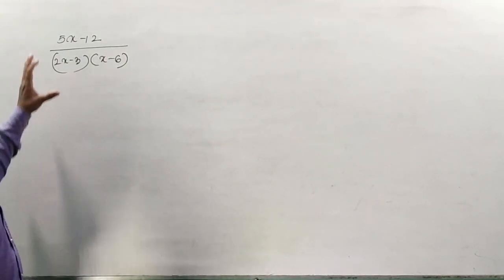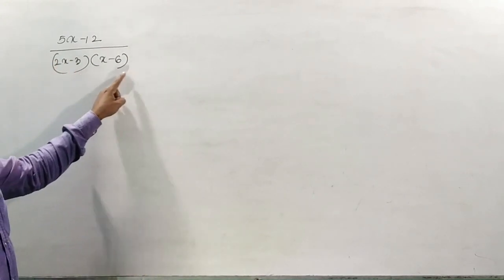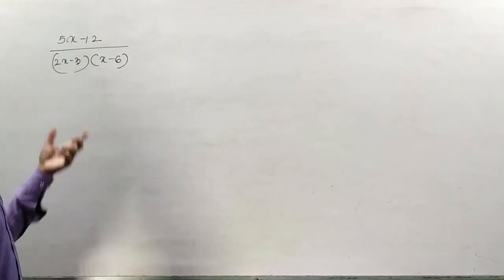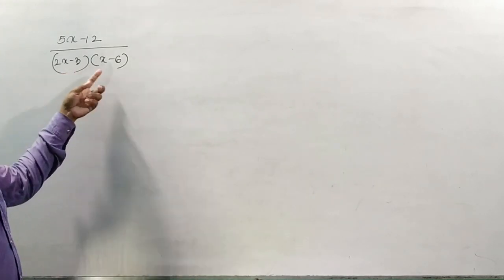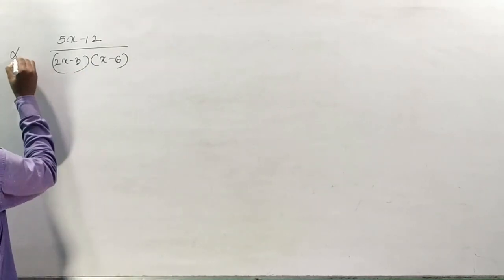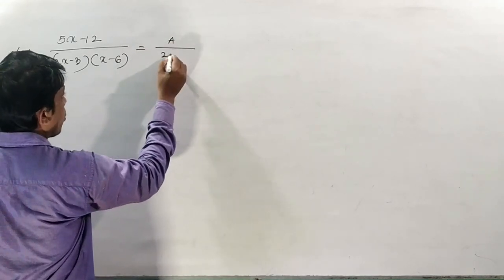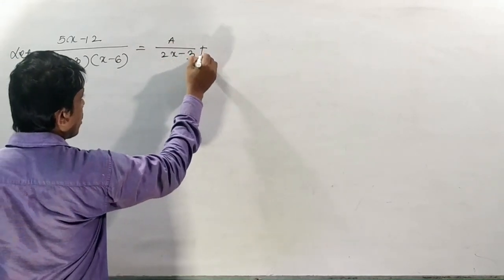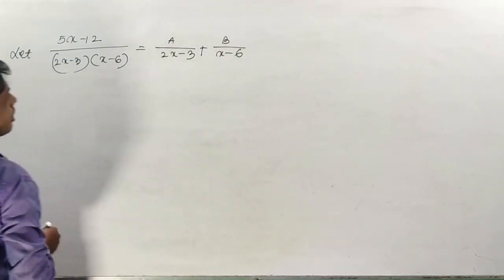Let us take another example, (5x minus 12) by (2x minus 3) into (x minus 6). In this case, the two factors are also linear and non-repeating. So what should we take? Let this be equal to a by (2x minus 3) plus b by (x minus 6).